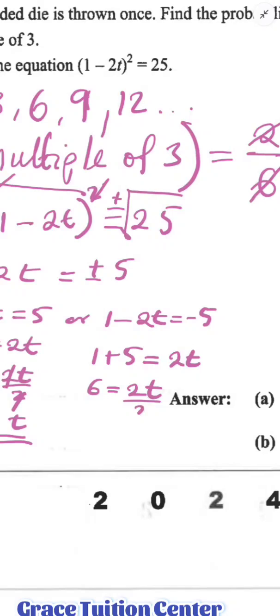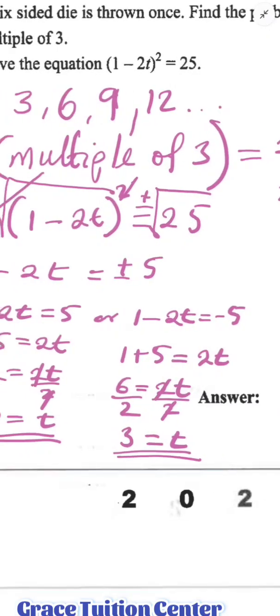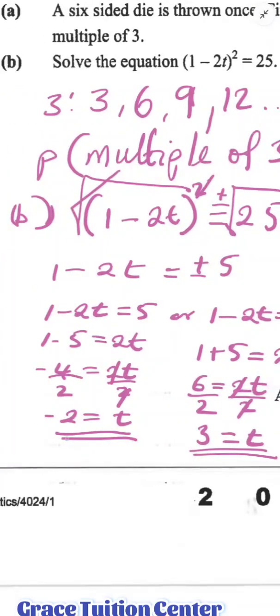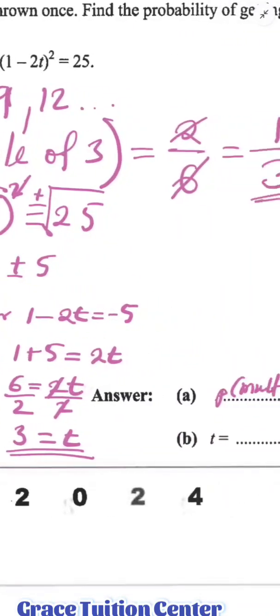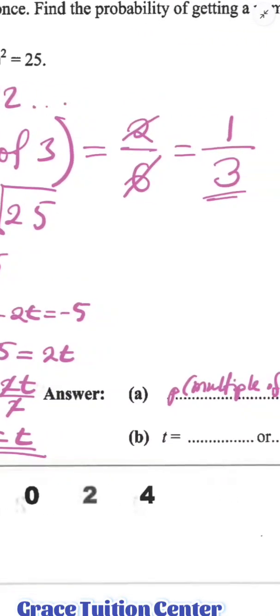To get the value of t, I divide by 2 both sides. This cancels that. I remain with t equals, how many times does 2 go into 6? That's a 3. So those are the values of what? T. So t is either a negative 2 or a positive what? 3. So I'll come here to my answers.